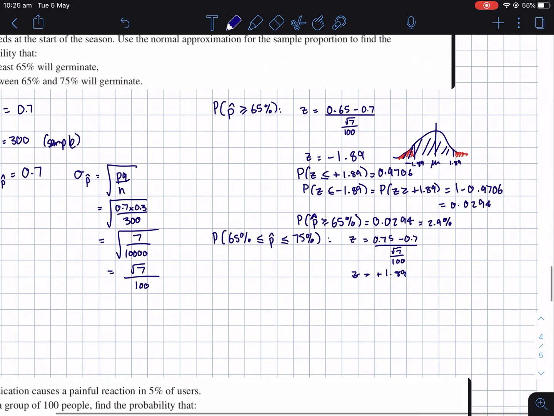Okay, now we want to know the probability of it being between 65% and 75%. The handy thing about this question is, as we discovered, the top lines: this is Z equals minus 1.89, and this is Z equals positive 1.89.